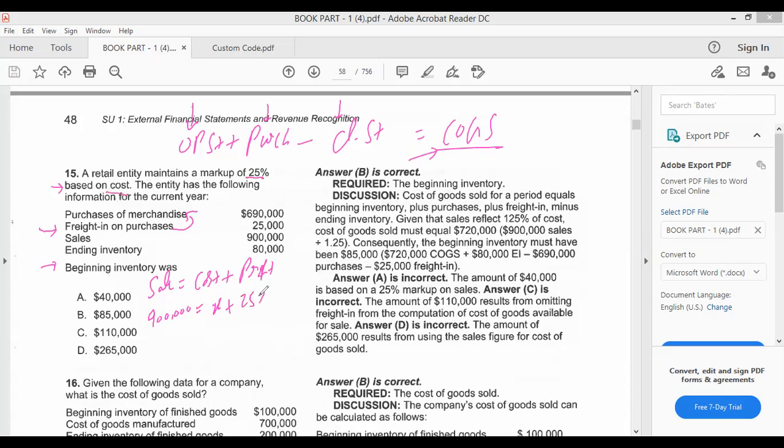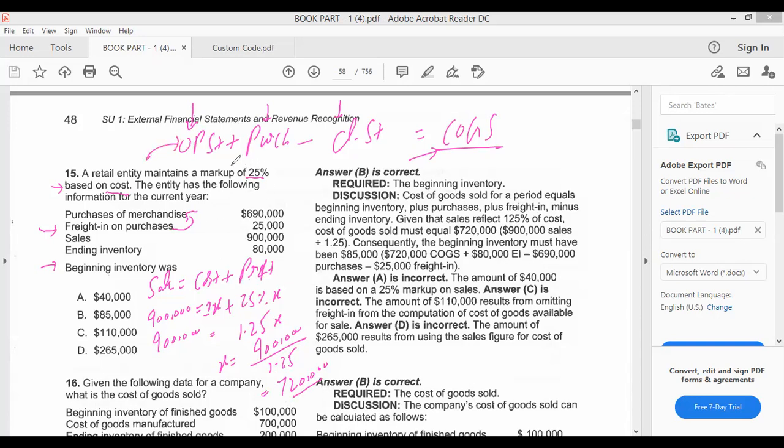So we take 25% of X. 900,000 equals 1 plus 0.25X, which becomes 1.25X. So X is equal to 900,000 divided by 1.25. Like that you will get the cost of goods sold equal to 720,000.